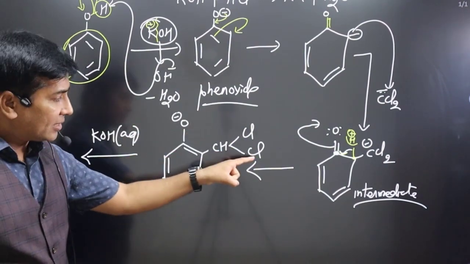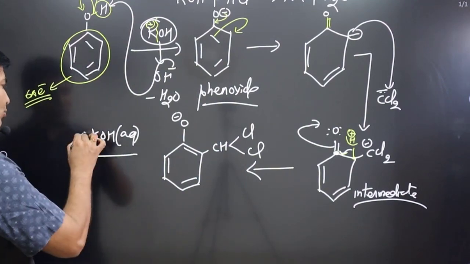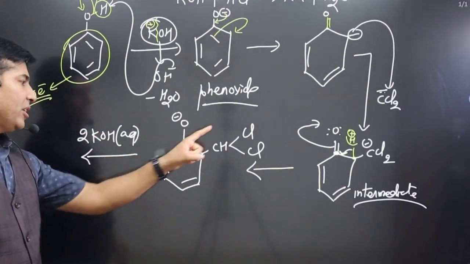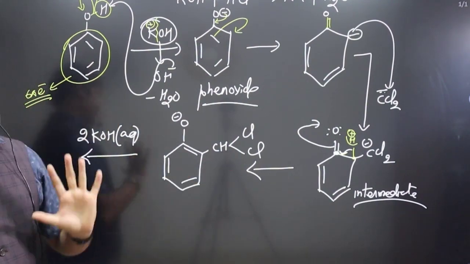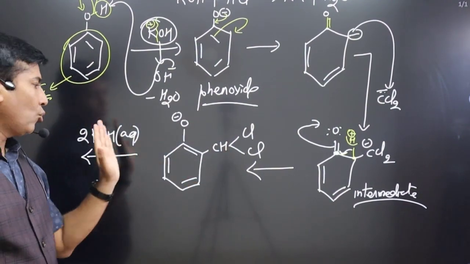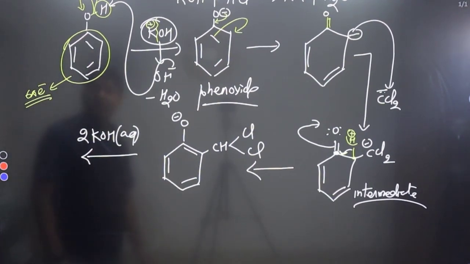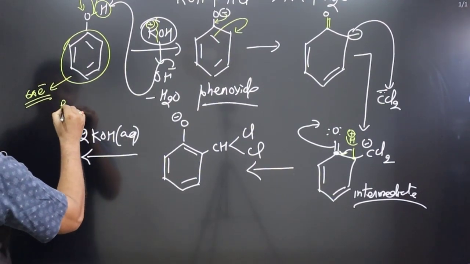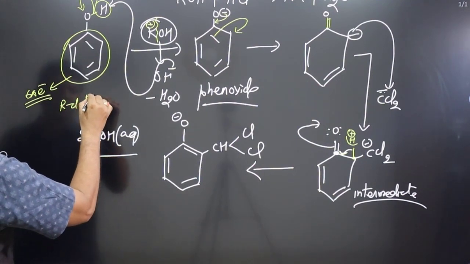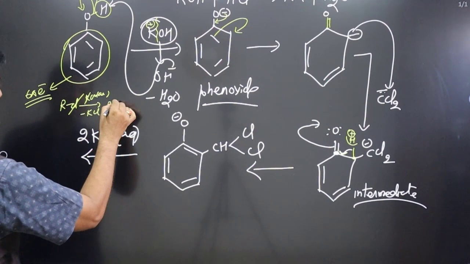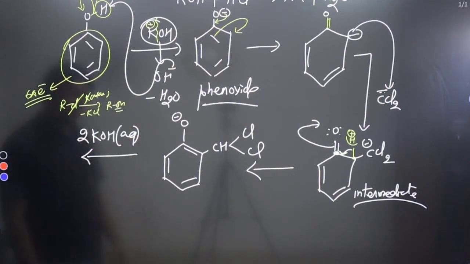How many Cl are there? 2 Cl are there, so we take 2 moles of potassium hydroxide. 2 KCl will be gone, and in place of Cl, OH will attach. In general, if we have an alkyl halide reacting with potassium hydroxide in aqueous medium, KCl will be eliminated and we get alcohol. This is what is going to happen.